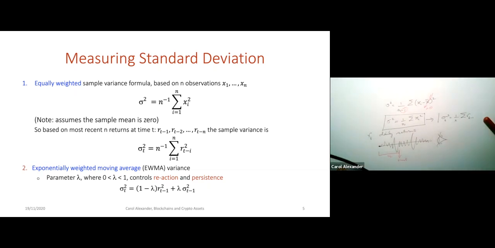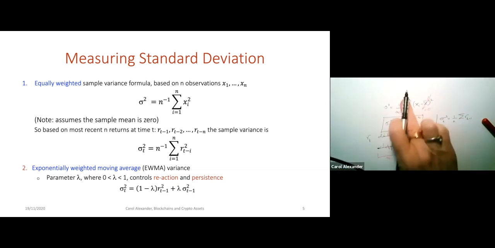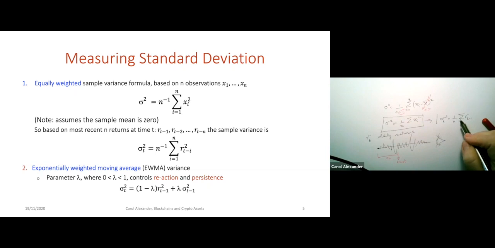That's the first one, assuming this is in the morning and we don't see the closing price. So it's the sum with i equals 1 to n, in other words r_{t-1} squared plus r_{t-2} squared plus up to r_{t-n} squared, all divided by n.